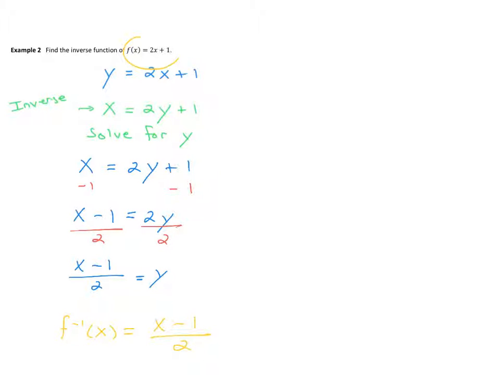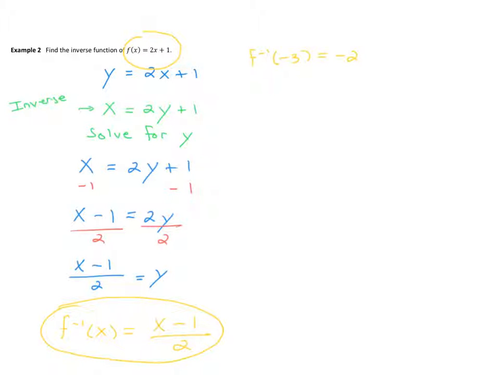So f of x was my original equation, and I'm saying that this represents the inverse. I want to verify this by using the numbers from the previous example. We saw that f inverse of negative 3 should be equal to negative 2. I'll put negative 3 in place of x, simplify it, and hopefully the answer is negative 2.